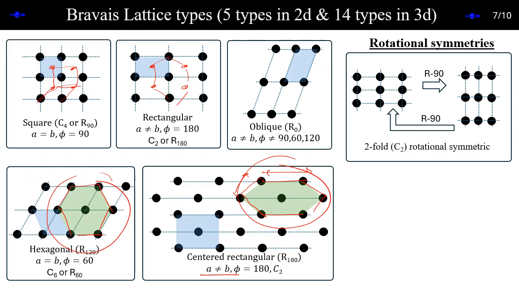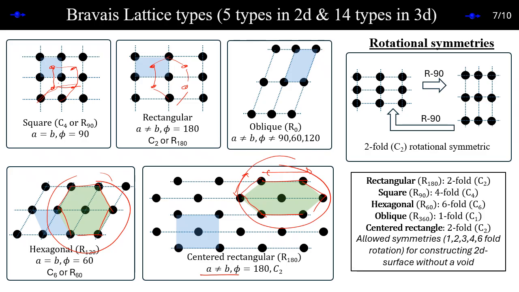Let me just summarize. In 2D Bravais lattices, you can see there are five types, typically determined by the rotational symmetry. So why only 60 degrees, 90 degrees or the like? Because in mathematics it is found that in this kind of crystal, without leaving voids, these are the only possible rotations allowed.